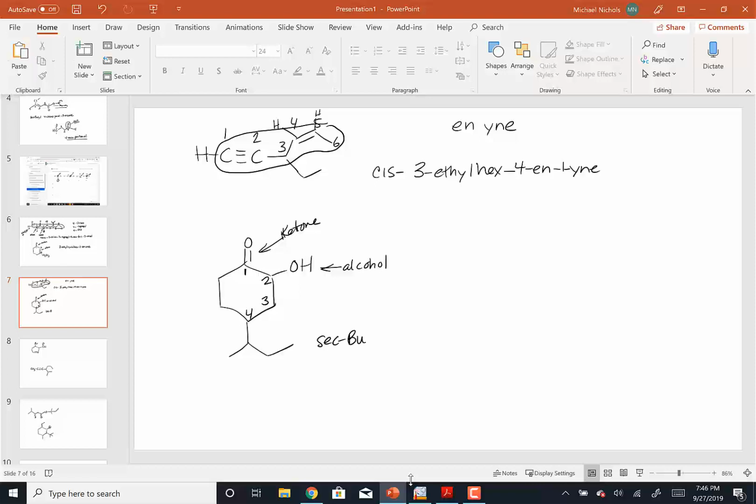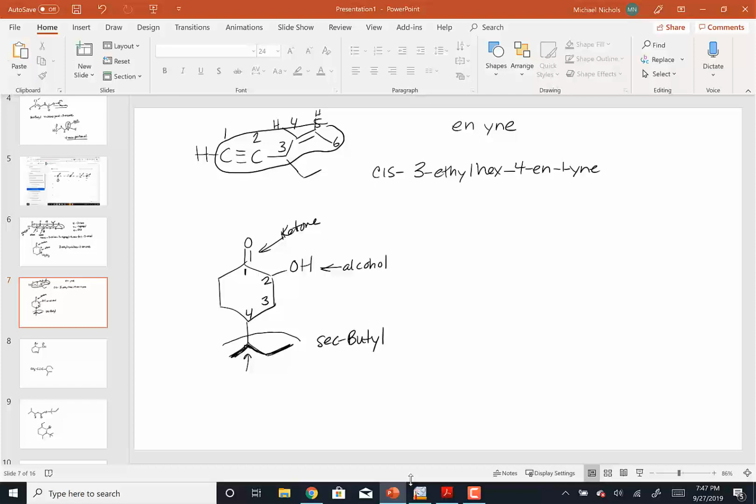Okay, now looking at the substituents, carbon 4 is a sec-butyl group because it has 4 total carbons here. It's got 4 total carbons, and the attachment point, just looking at this group, that carbon is secondary. So that's where the secondary butyl group comes from.